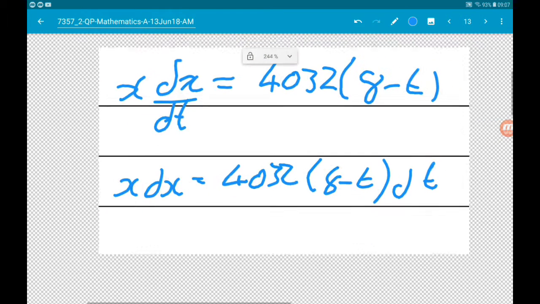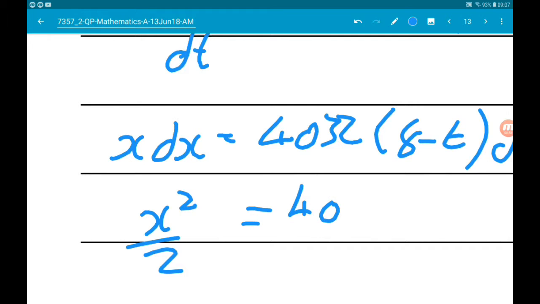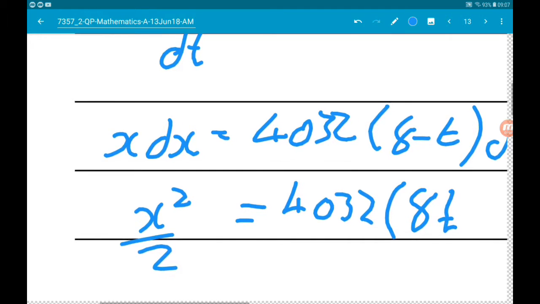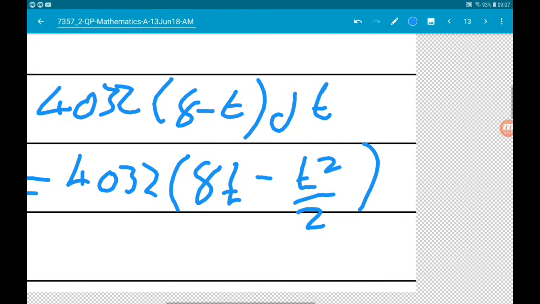Now if we integrate both sides, we get x squared over 2 is equal to 4032 times (8t minus t squared over 2). Now don't forget the constant c.